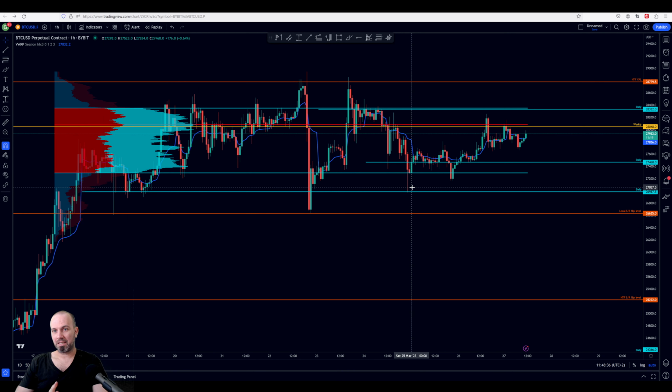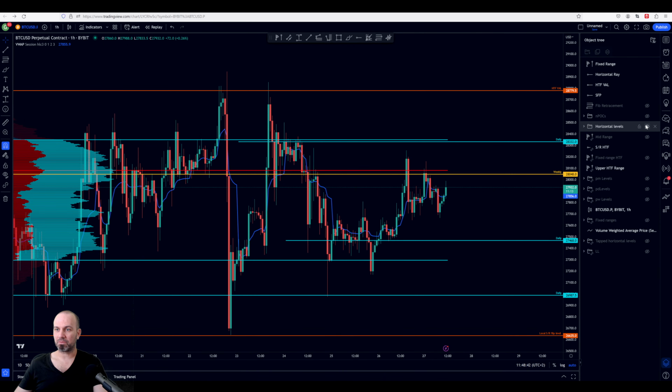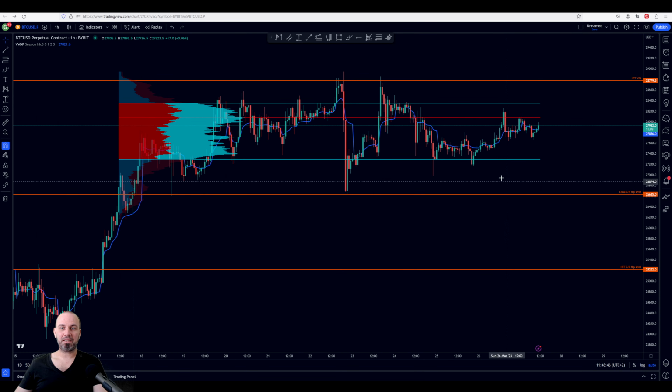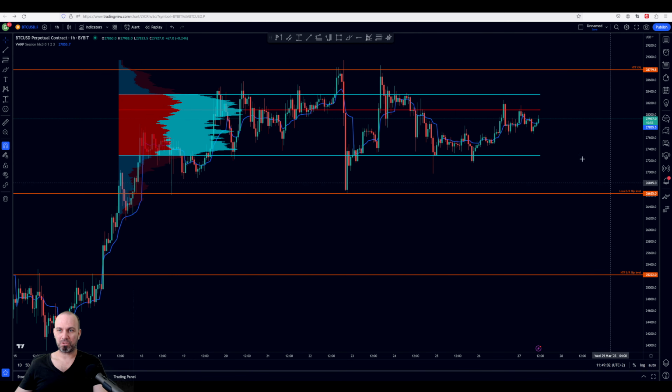Let's see how this week will develop. Let's see how these levels will be respected. Again, we are in a range, bottom of the range, top of the range. Until this range breaks, this range will be my main trading idea. If the price moves from below this level, then the next important level is 25,222.